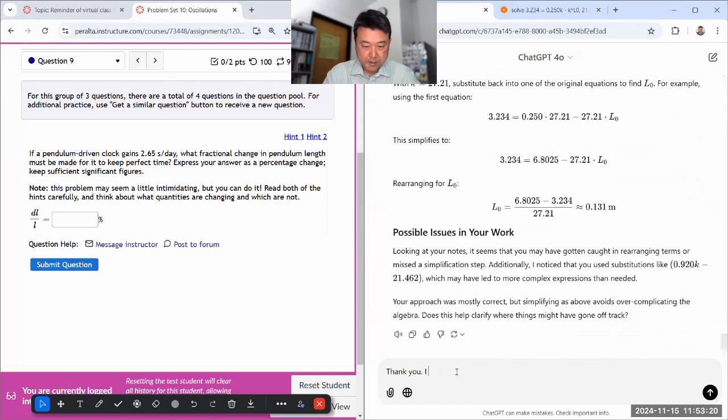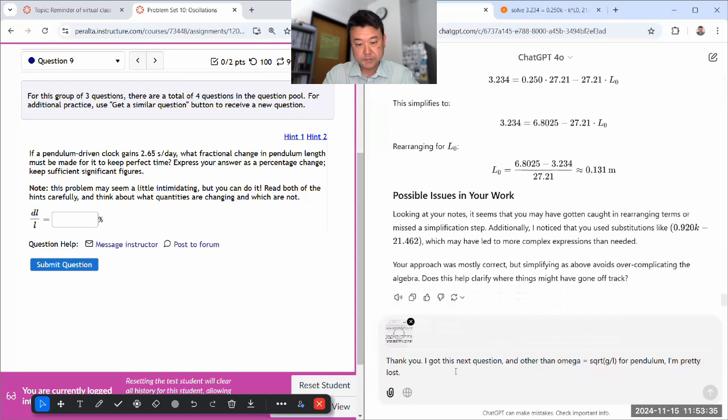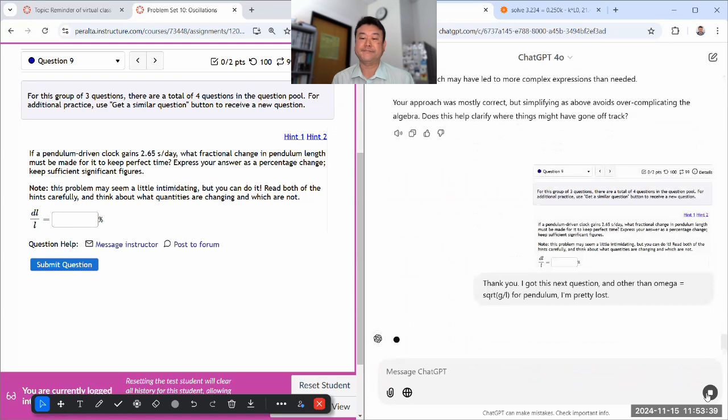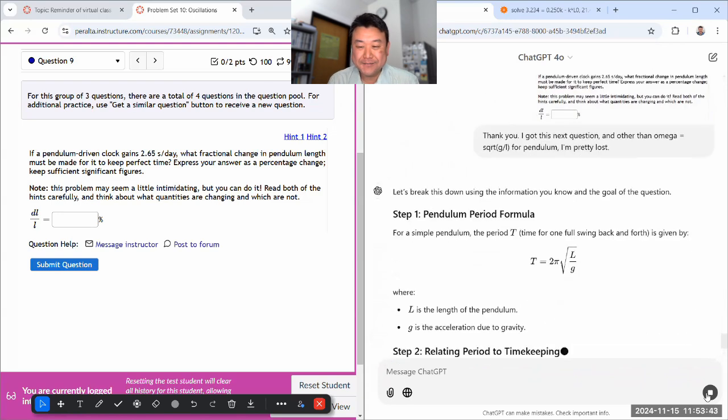Thank you. I got this next question, and other than omega is equal to square root of g over L for a pendulum, I'm pretty lost. Here's the formula.